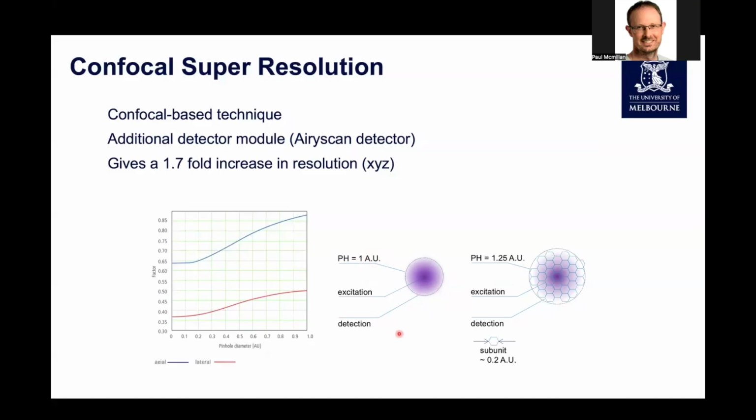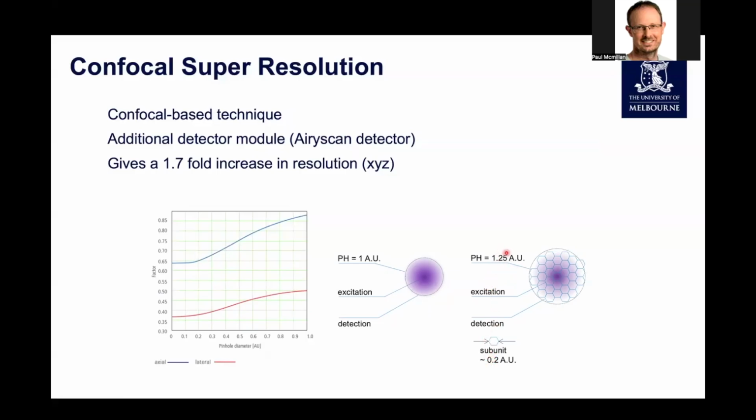If we want to increase resolution on the standard confocal, we can narrow the pinhole down. What AiryScan actually does is keep the pinhole at 1.25 Airy units, so it widens the pinhole a little bit. But we separate out the detection into individual detectors, and each individual detector is equivalent to 0.2 of an Airy unit.